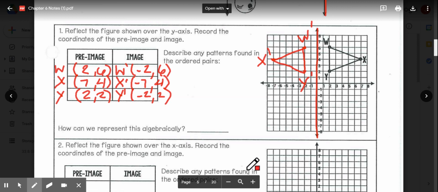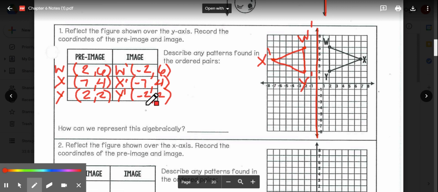And the next thing we're going to do is look and see if we can find a pattern between those X and Y values. When we look there, our X values, we start at 2 and go to -2 for point W. We get from 7 to -7 and 2 to -2. Hopefully that's pretty obvious of a pattern there.